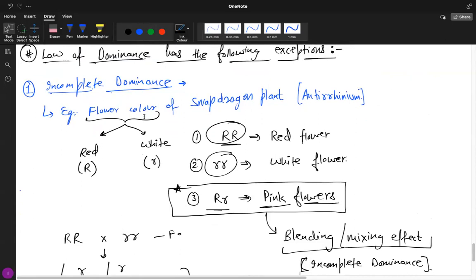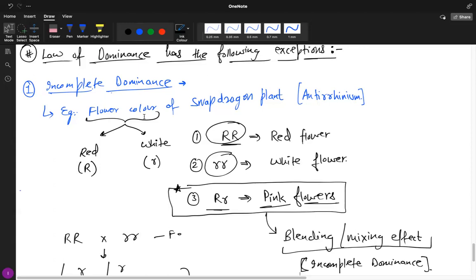In incomplete dominance, no allele in a heterozygous condition is able to express itself completely over the other.